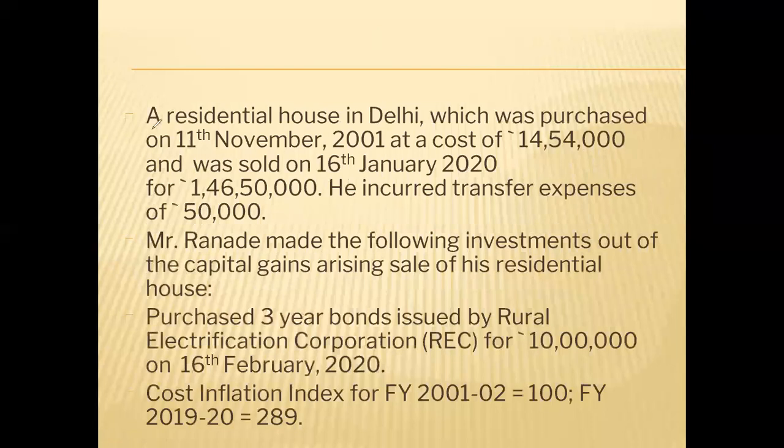What is being sold, that detail is given. See, a residential house, so this will come under the category land and building, in Delhi, which was purchased on 11th November 2001.